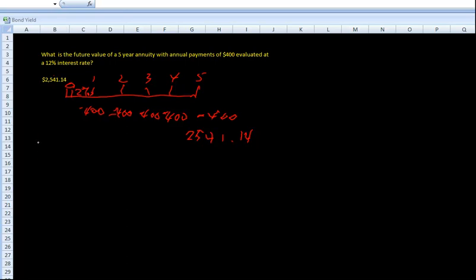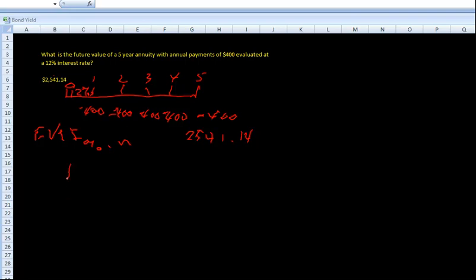I want you to understand the formulas that are used to calculate a future value interest factor. So a future value interest factor should look like this. FVIF for a specified percentage for a specified period of time, which is N.